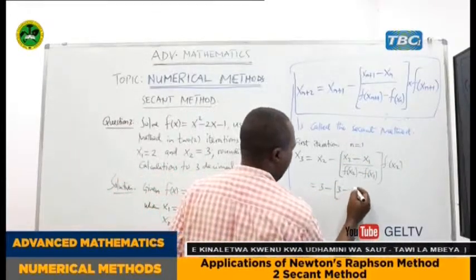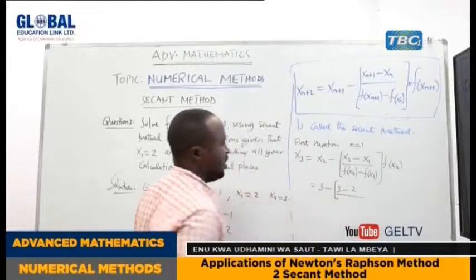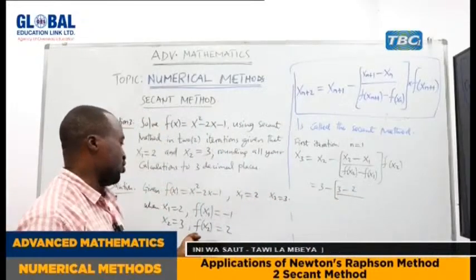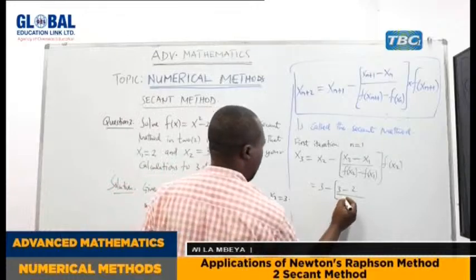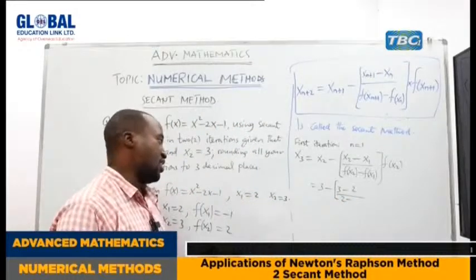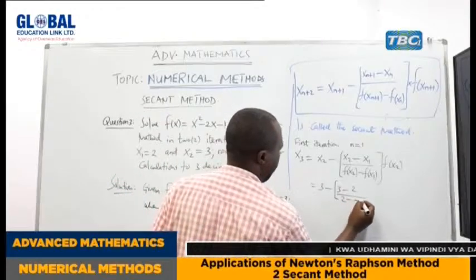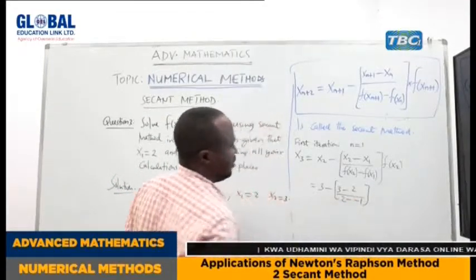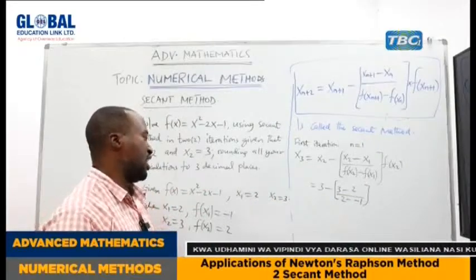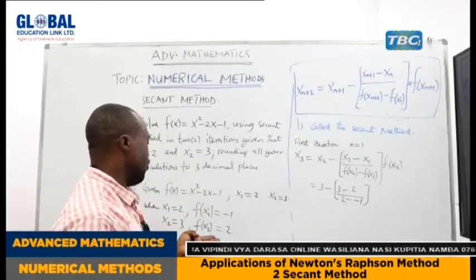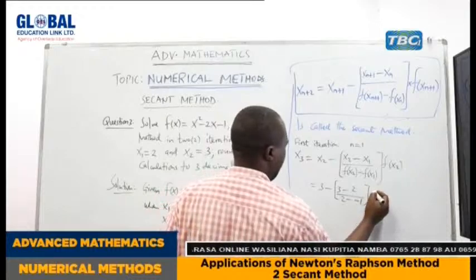So here, minus 2 over f of x2, which is 2. So here we have 2 minus f of x1, which is equal to negative 1, then times f of x2. Now f of x2 again is 2.